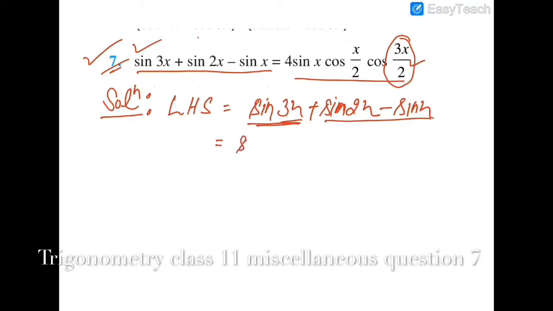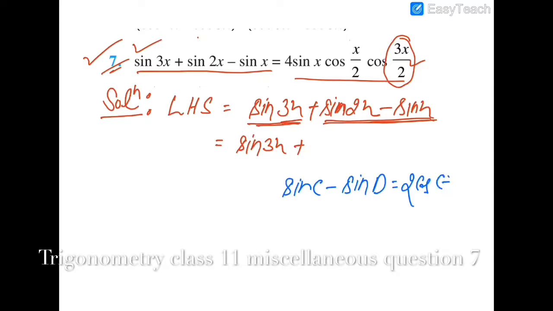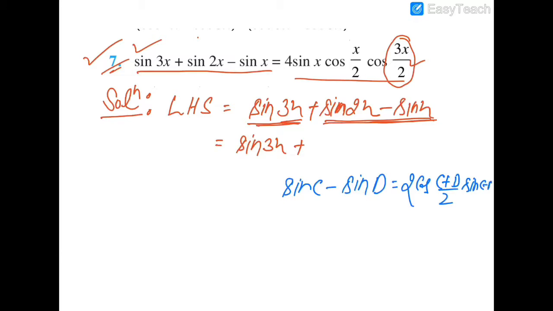So in that case you will take sine 3x plus, now here you are going to apply a formula, that is sine c minus sine d. So I am going to write it first. Sine c minus sine d is equal to 2 cos (c plus d) upon 2 sine (c minus d) upon 2.